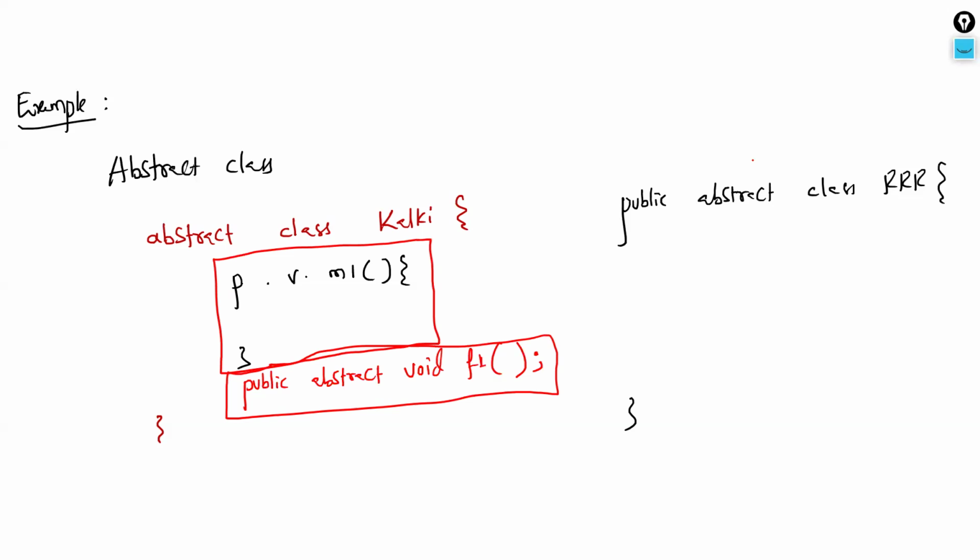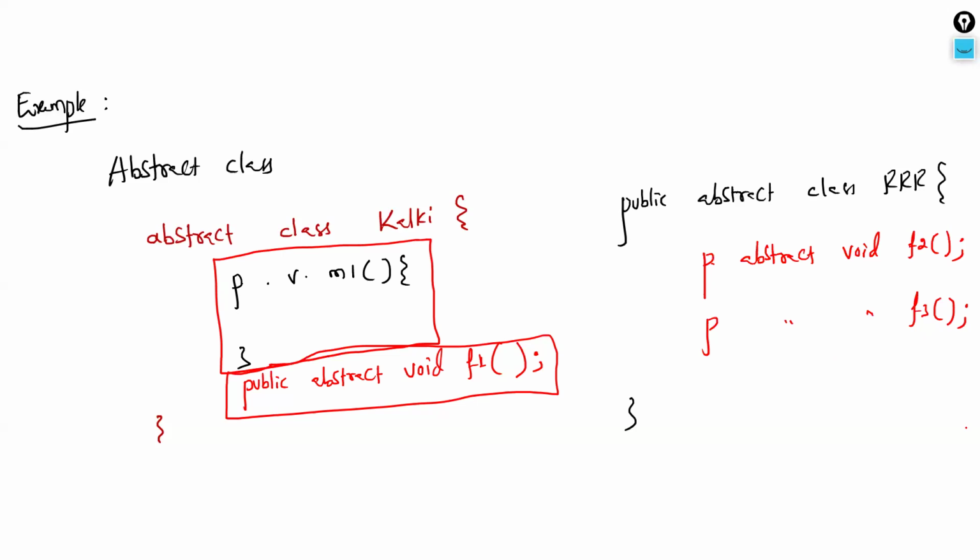And here also, an abstract class can have only abstract methods. For example, public abstract void f2, then public abstract void f3 parentheses semicolon. Like this, we can have any number of methods.